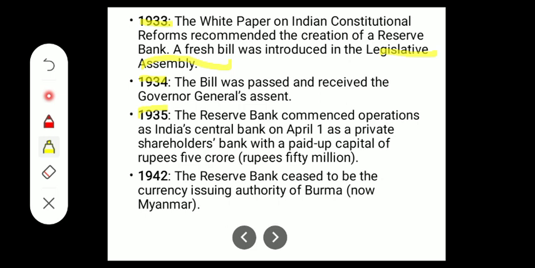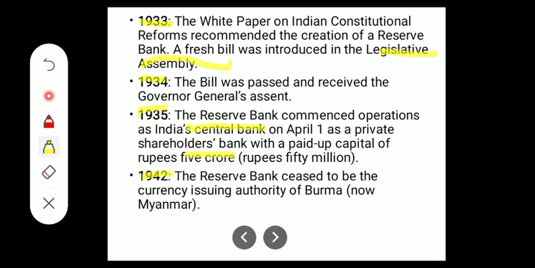In 1935, the Reserve Bank commenced operation as India's central bank on April 1 as a private shareholders' bank with a paid up capital of 5 crore. The initial paid up capital of RBI was 5 crore.